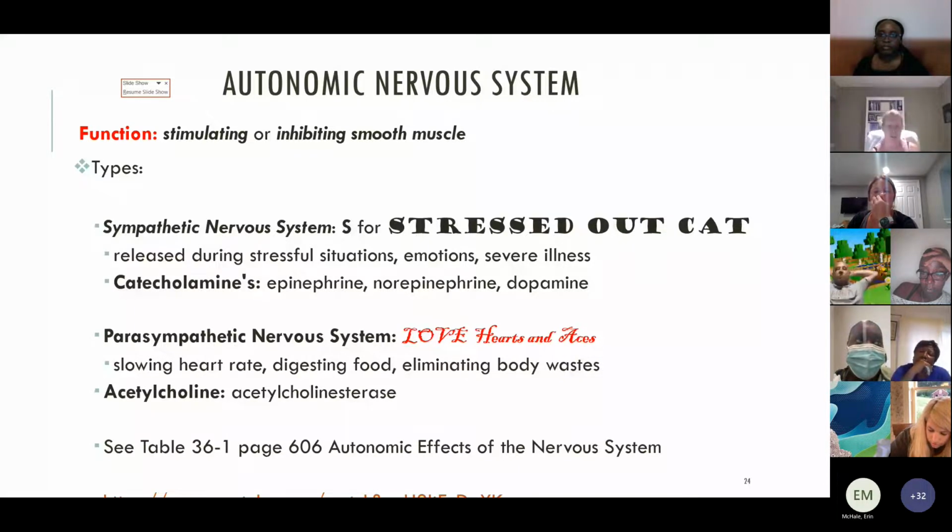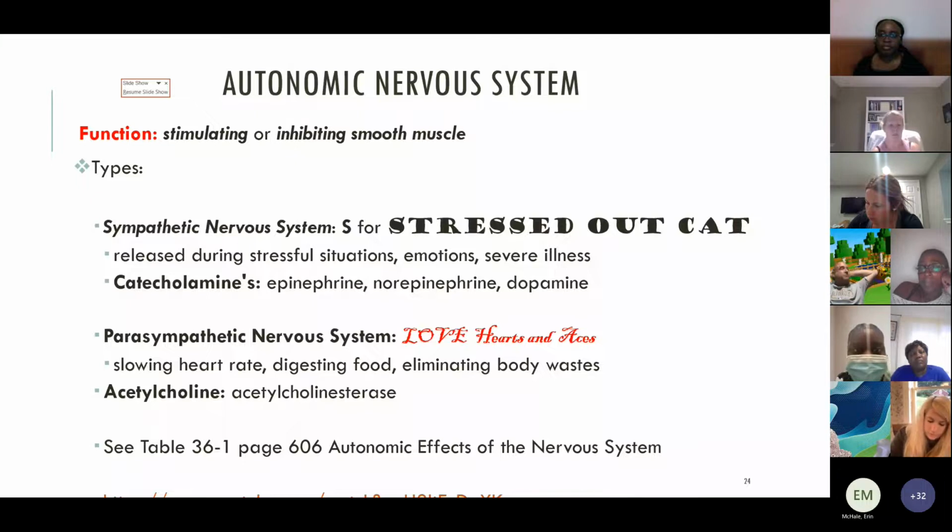So the sympathetic nervous system is going to be responsible for our fight or flight response. Whenever there's an actual threat somewhere in our body, or if our body just even perceives that there's a threat. So we can think of sympathetic nervous system as stressed out.